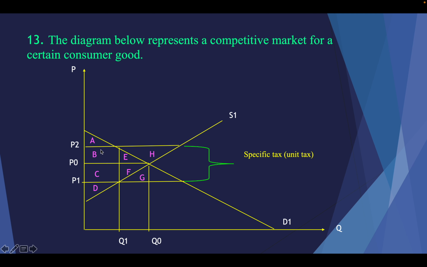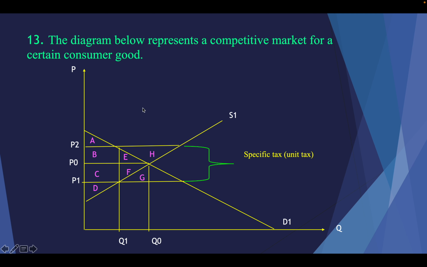So before the tax, ABE is the consumer surplus. Now this is dead weight loss, and this is what goes to the government, and this is for producers. Sorry, the consumer surplus after the tax is A. Then CFD is the producer surplus before the tax.